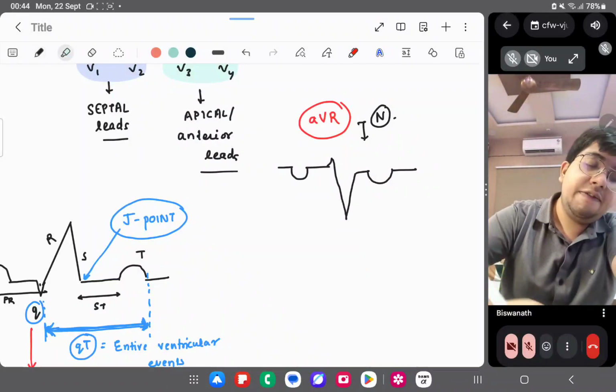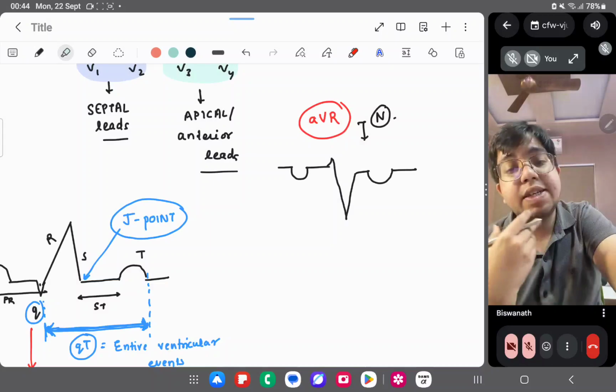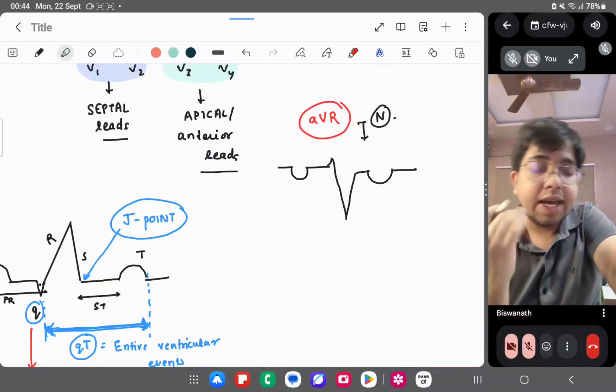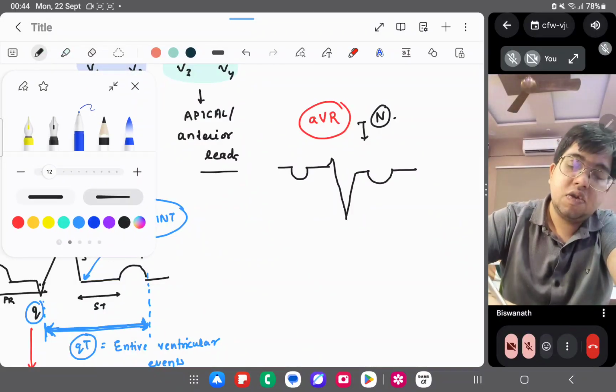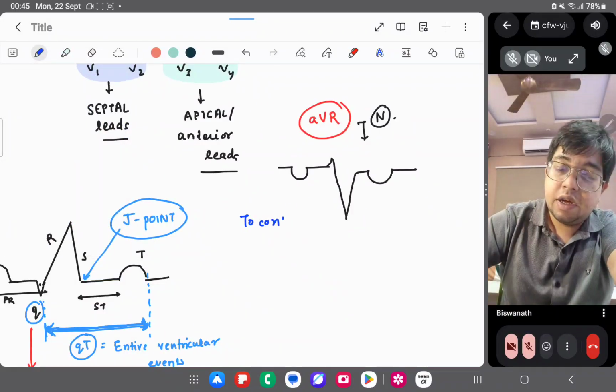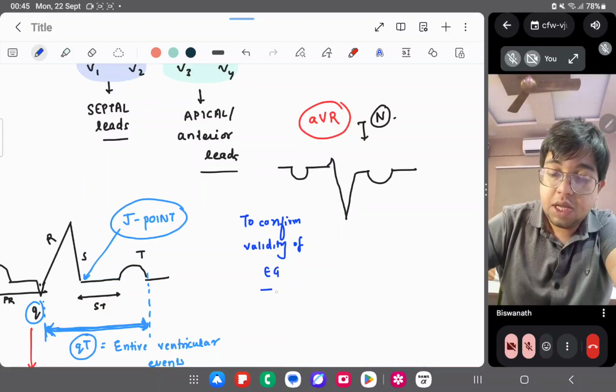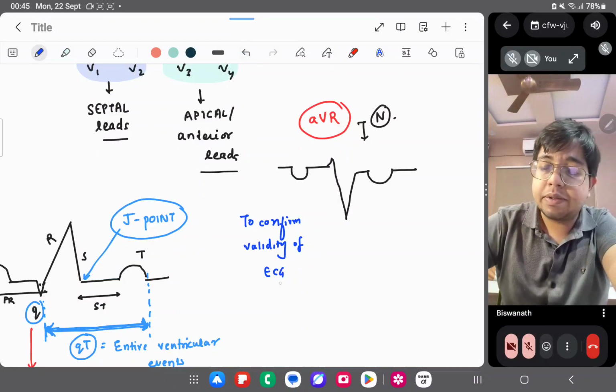And if you want to know whether the ECG is valid or not, to confirm the validity of the ECG: in the ECG room, many things happen.